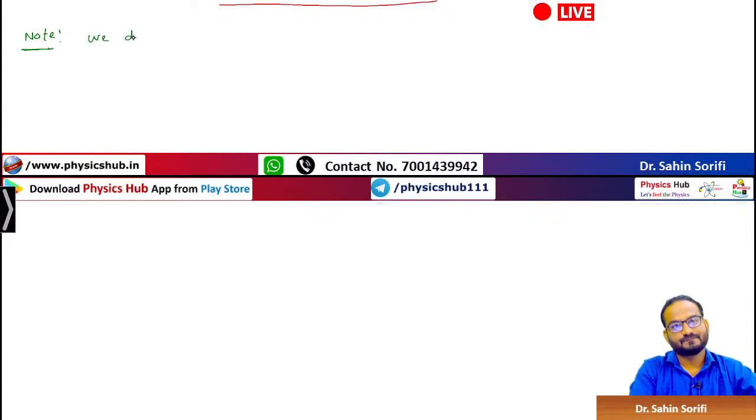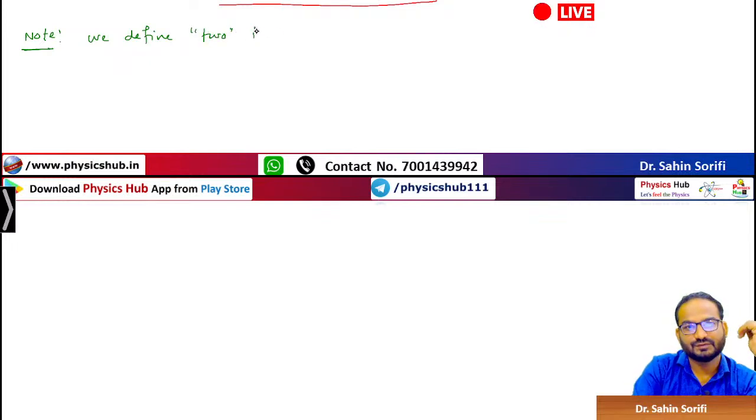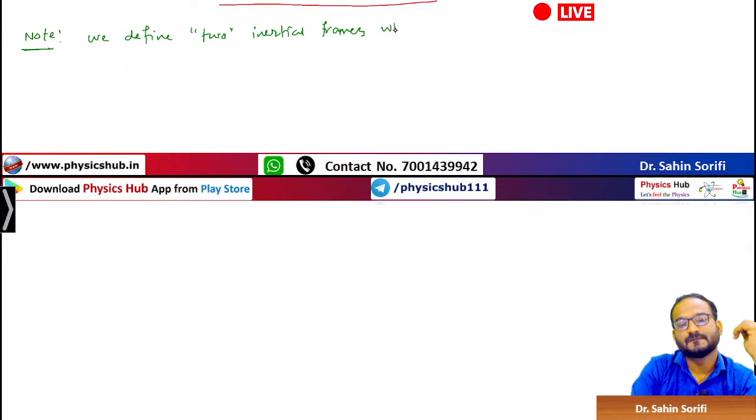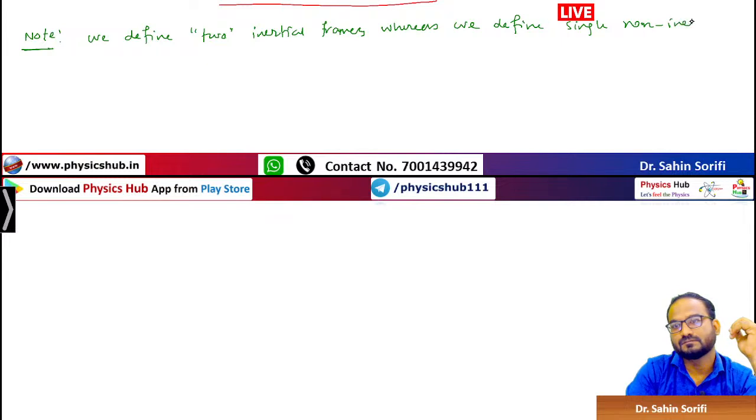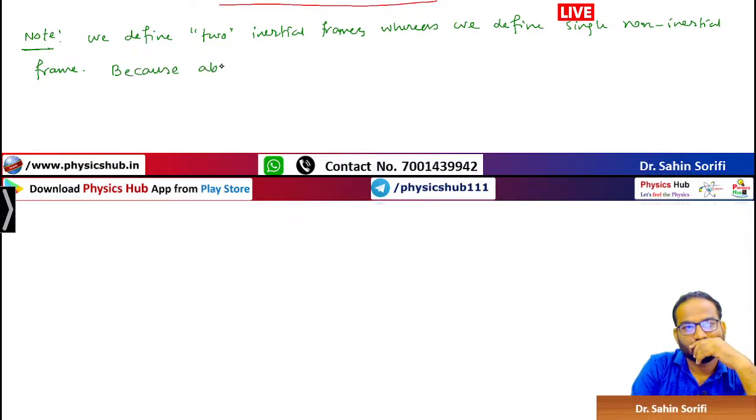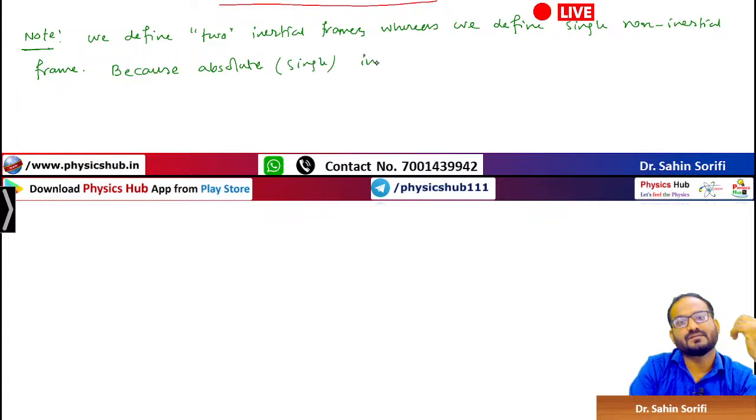So we define 2 inertial frames, whereas we define a single non-inertial frame, because an absolute inertial frame does not exist.